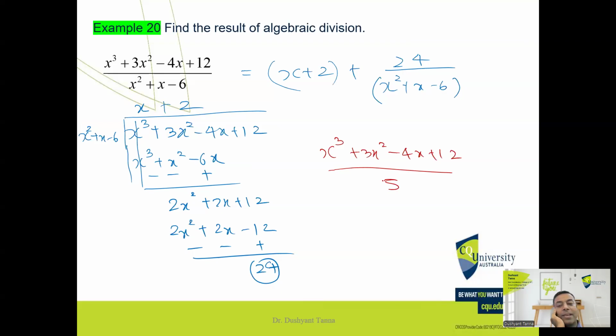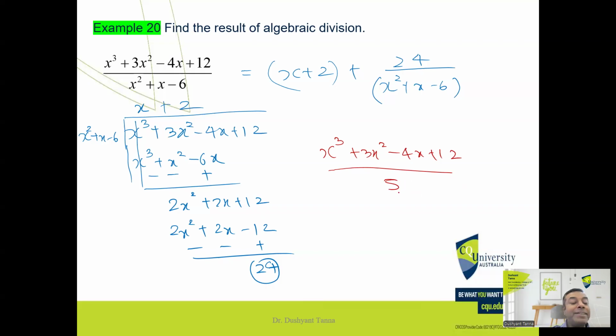Okay. What would you do if it was like this? Would it be the same method, what we are doing? Only in this case, it will be the same algebraic long polynomial division. If it was simply 5x, you just separate the denominator, not doing the long way which we are doing.